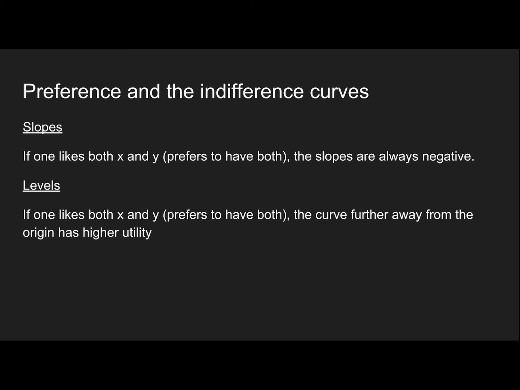I think you can get information about this from your textbook. Okay, you can see proofs there. So that's how the preference determines the slope. And the levels. If one likes both x and y, if one prefers to have both, then the curve further away from the origin has higher utility compared to the curve which is closer to the origin.